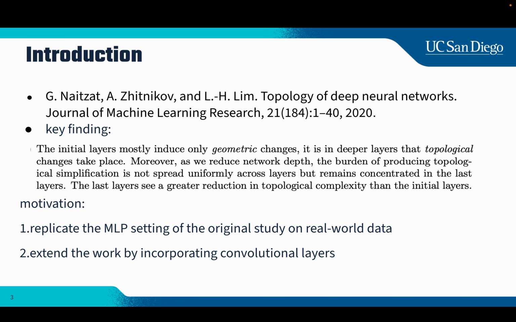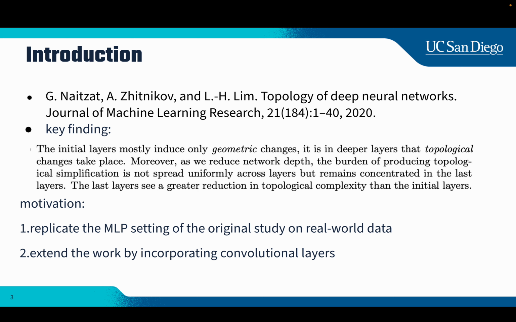So for the introduction, neural networks are powerful but notoriously difficult to interpret. While accuracy and loss are standard metrics, they don't tell us much about what transformations happen inside the network. Recent work has proposed a new lens, topology, to study how neural networks process data.